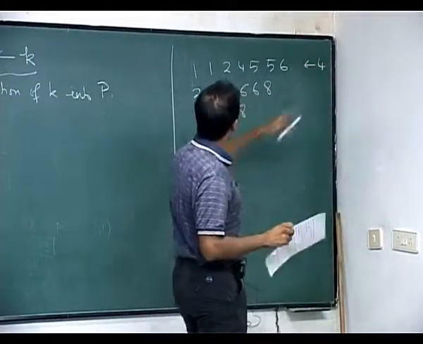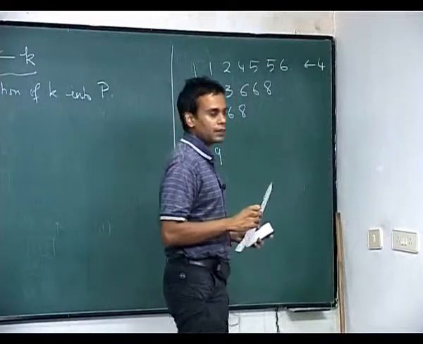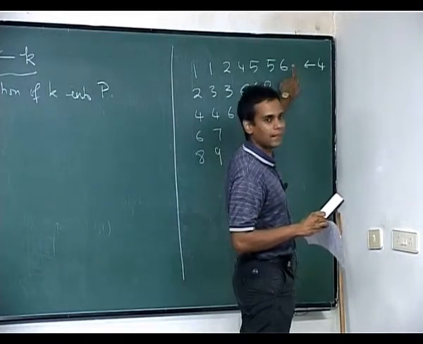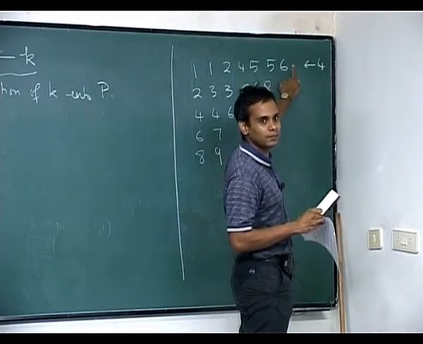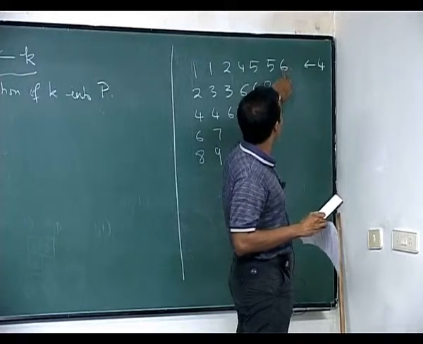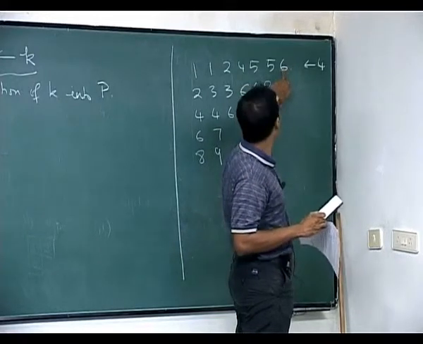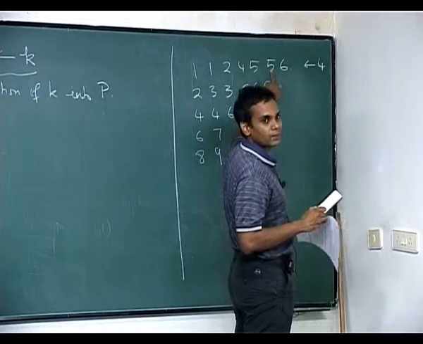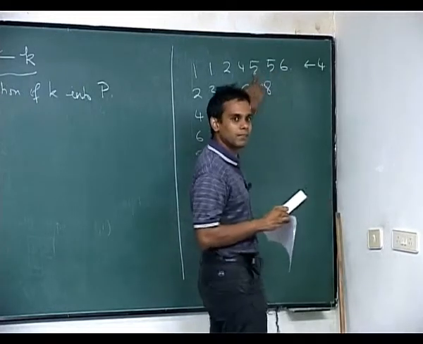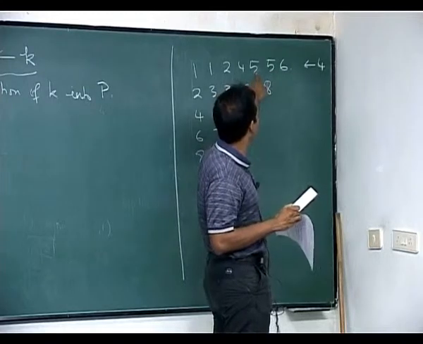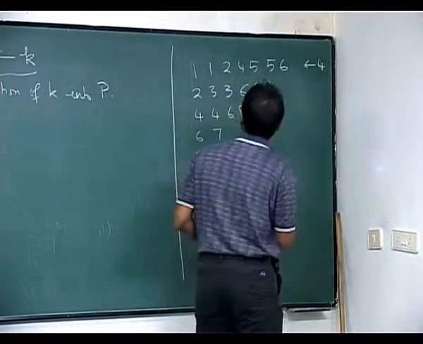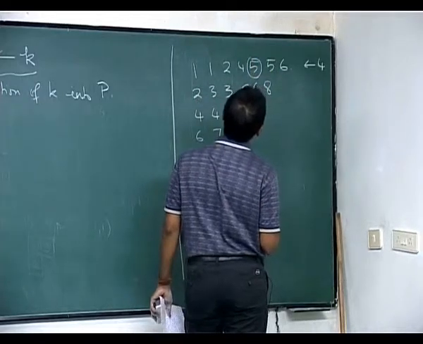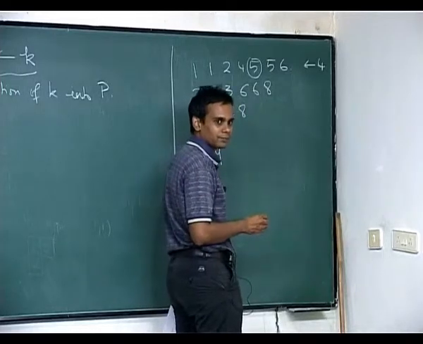So what you do is you try to push this 4 into the first row. Can I just let it sit here? No, because it would be less than the 6 and we need the rows to be in increasing order. Can I remove the 6 and replace it by a 4? No, again, because there is a 5 here. Can I remove this 5 and replace it by a 4? Yes, I can remove this 5 and replace it by a 4. Then this 5 comes out, but I replace it by a 4. So this is the place, and I'll say that the 4 bumps the 5 up, whatever that means.